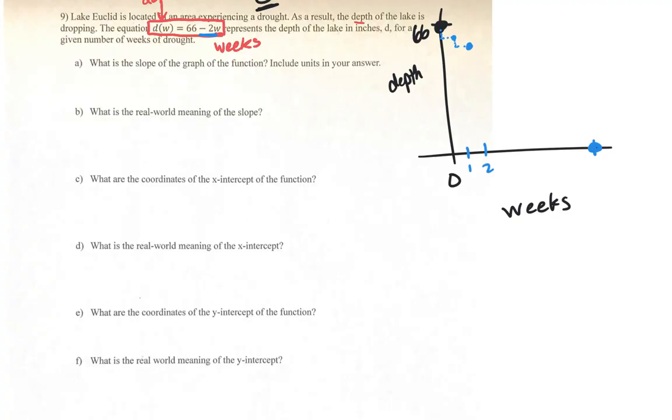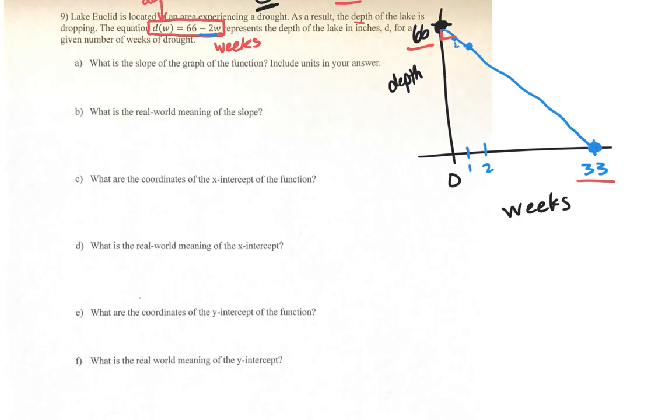That's what y'all did in class. And you knew that it would dry up after 33 weeks. And you're right. Cool. So on this graph, not only do I see my y-intercept, I also see my x-intercept, and I know what my slope is. I know how far it's going down each week. It's going down by 2 each week. So we should have everything we need to answer all these questions.